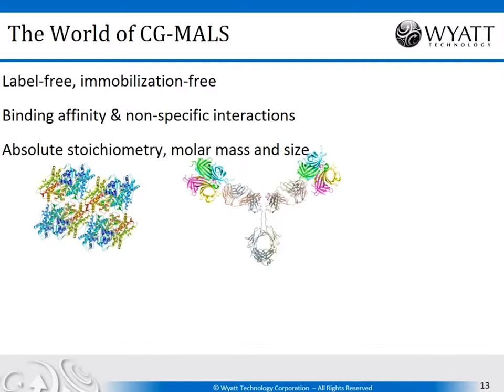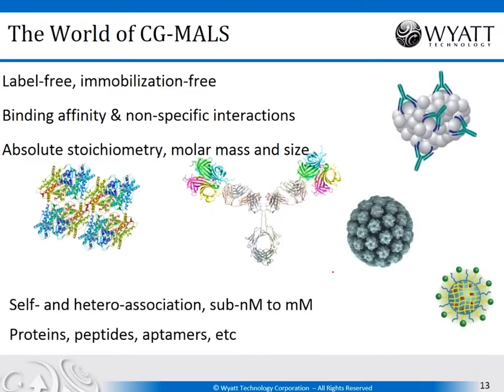Instead of just determining how many moles of one component bind to how many moles of the other component, which is the ratio, it actually determines how many molecules of each component come together to form a complex, and will analyze their molar mass and size as well. CG-MALS is appropriate for analyzing self-association, hetero-association, even simultaneous self and hetero-association, from below a nanomolar and up into the millimolars. And it's appropriate for proteins, peptides, aptamers, all types of biomacromolecules.